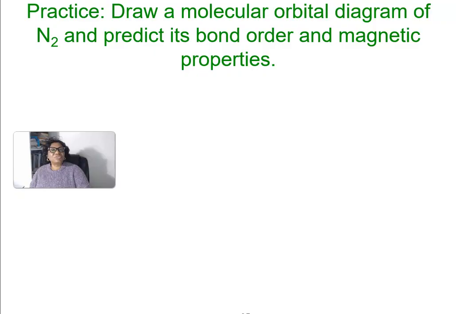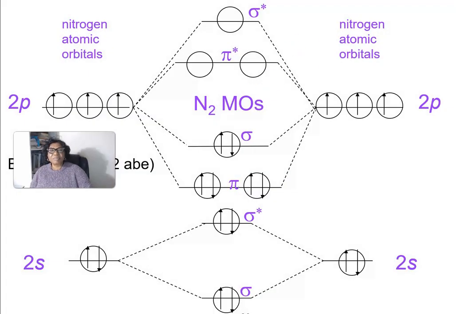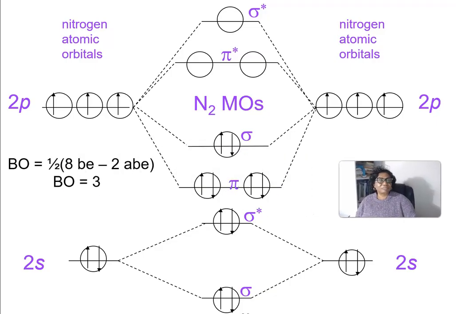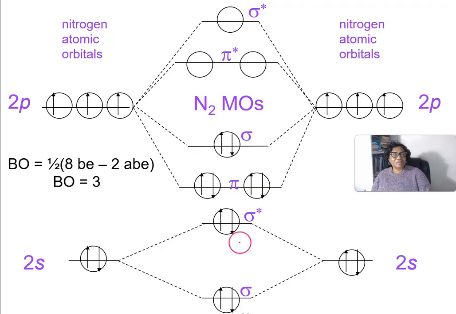So let's draw the molecular orbital diagram for nitrogen and predict its bond order and magnetic properties. Remember, nitrogen is slightly different from oxygen, the way it is. So look at this. The pi is before the sigma.